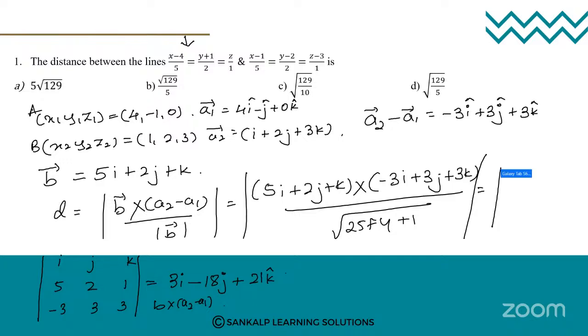So now it is 3I minus 18J plus 21K divided by root 30. This is anyhow 1 by root 30.